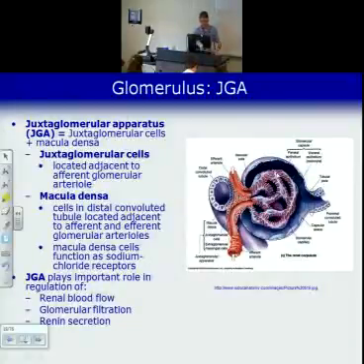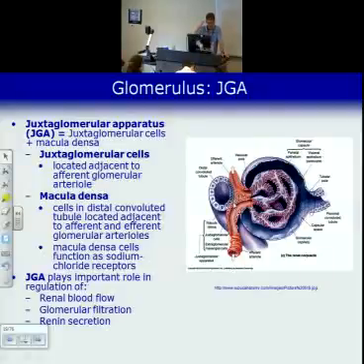Meanwhile, another thing to discuss as far as this glomerulus is a signaling mechanism. The JGA, juxtaglomerular apparatus, is made up of these JGA cells and also this macula densa cluster of specialized cells. These JGA cells are located in this junction, and it's a pretty ingenious system.